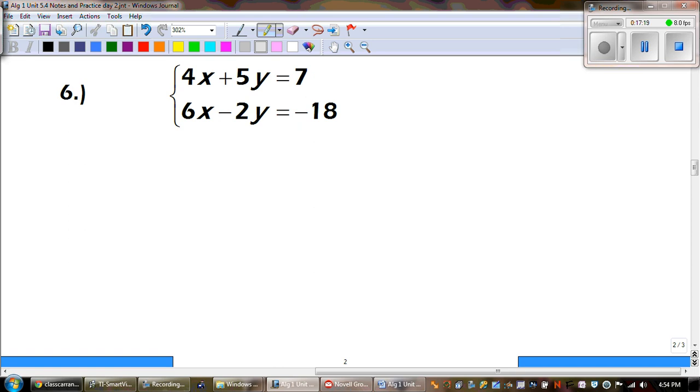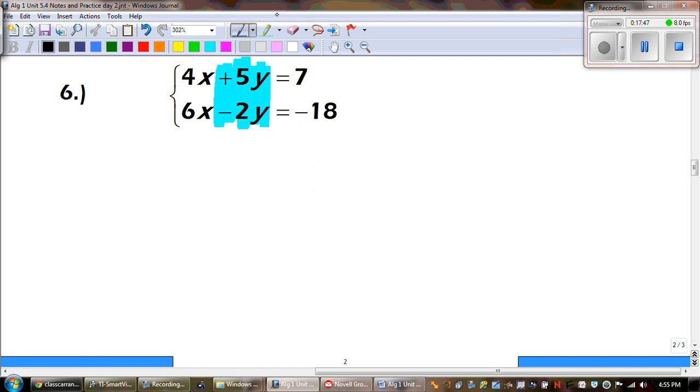Okay. Number 6. Oh, number 6 was what I was just talking about. Now, I have to multiply either both the top or the top and the bottom for this. So what I'm going to look for, because I don't like multiplying by negatives, are the ones that are already opposites.